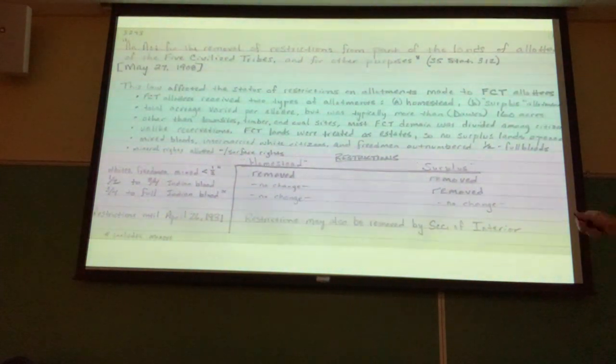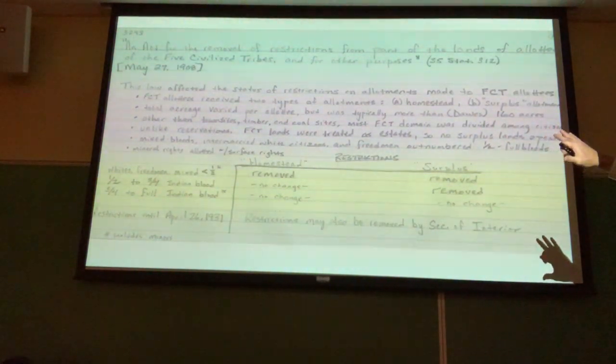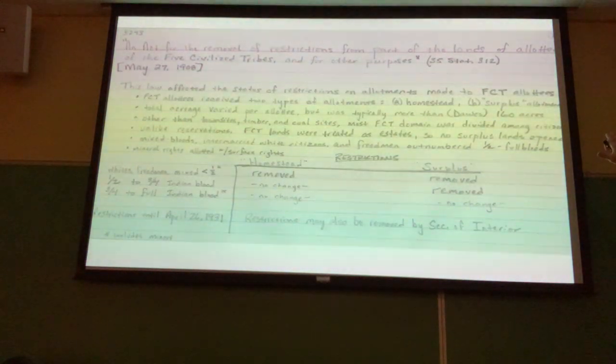True. Okay. Essentially, the law affected the restrictions on those allotments made to the 5 civilized tribes allottees: the Cherokee, Creek, Choctaw, Chickasaw, and Seminole. And in those allotted acreages, remember that each allotment varied according to the allottee.